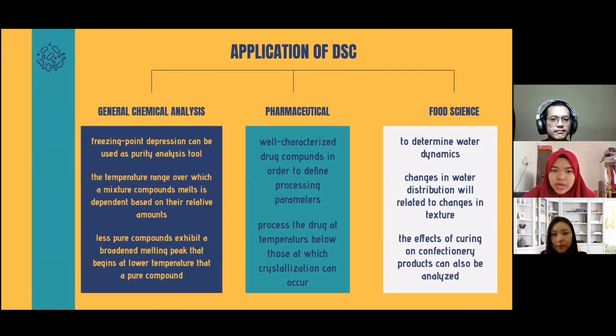Okay, so as we know, DSC is very widely used in many fields, and the three most popular fields are as follows. The first one is general chemical analysis, where it is used to know the freezing point depression, which makes it a purity analysis tool.